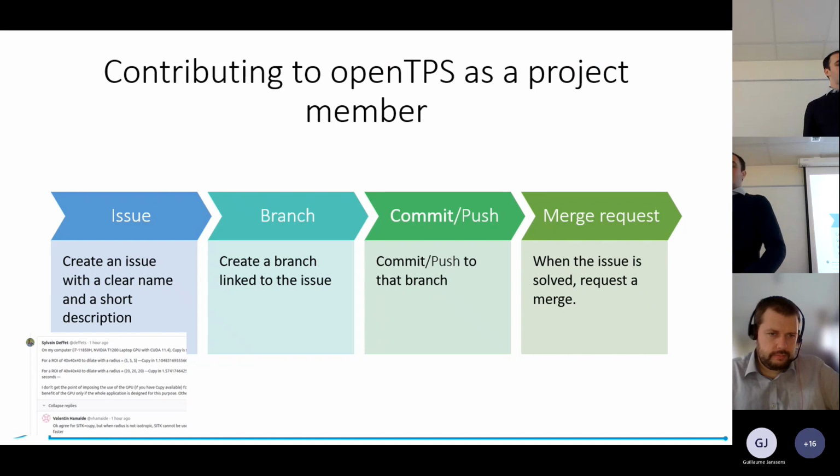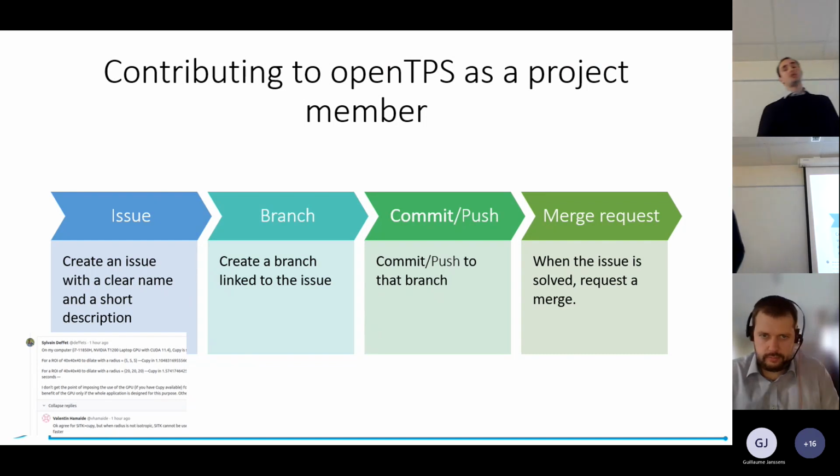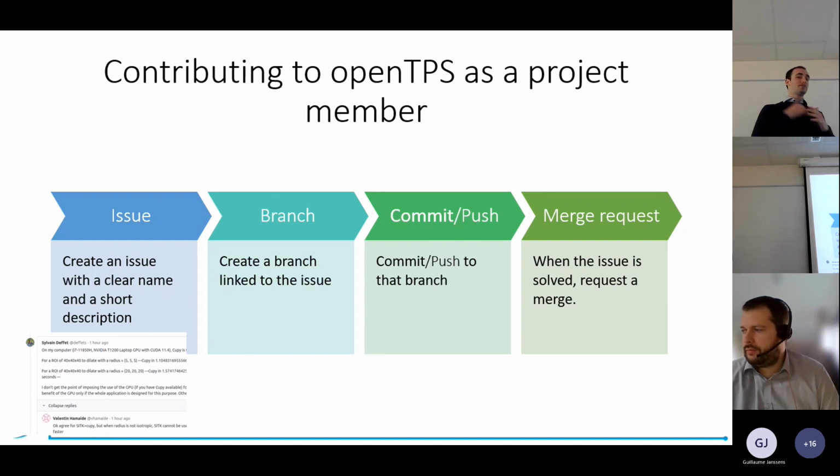So if you are a project member, we are in a very close collaboration, or you're part of the team, and you want to develop a new feature in OpenTPS, this is the way that we do it. The first thing that I strongly advise is to create an issue. That's not mandatory, but it would be great, because in this issue in GitLab we can have a discussion.